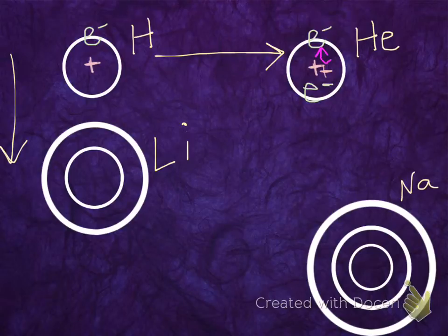Three. A little three-proton atom here. So lithium's electron arrangement: it's got two electrons on the first main energy level, and one electron on that second main energy level. So it's got more stuff.